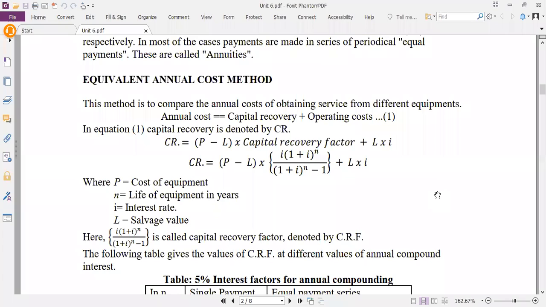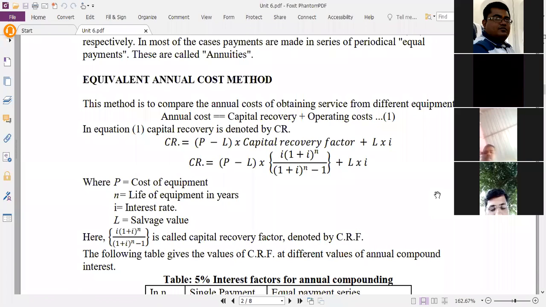For example, suppose you have taken a JCB, and the capital cost of that JCB is suppose 10 lakh rupees, and that JCB is on rent at 1000 rupees per hour.